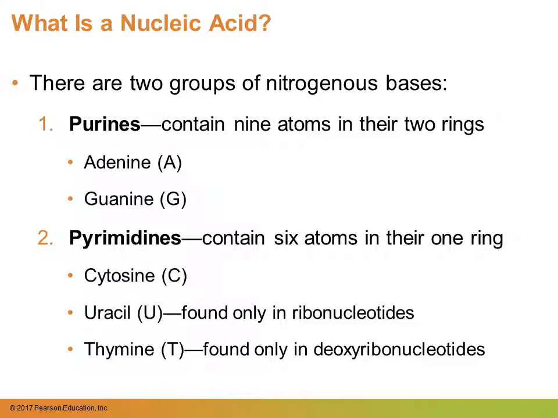One is for purines: pure as gold, pure as gold. That reminds you that purines consist of adenine and guanine. And for pyrimidines, the mnemonic device is cut the pie, cut the pie. And that will remind you that cytosine and thymine are part of pyrimidines.